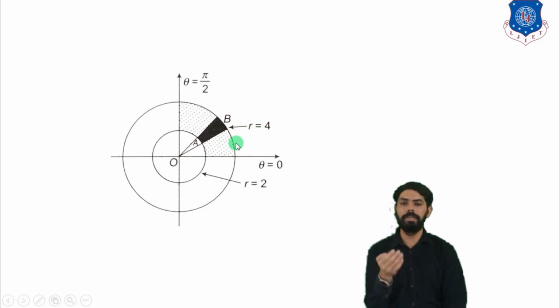And here it is given that we will have to find the area enclosed by circle r equal to 2 and r equal to 4 in first quadrant. So in first quadrant, theta will vary from theta equal to 0 to theta equal to pi by 2. Therefore limit of theta will be from 0 to pi by 2.